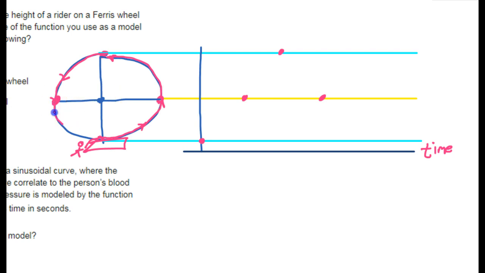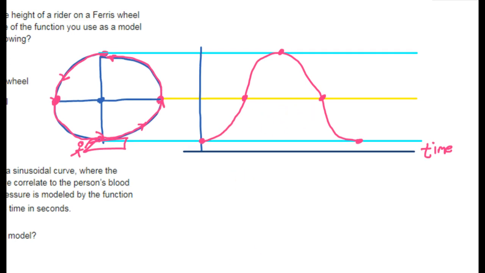And then if I kept going, more time goes by, and eventually I get back to the height I was at the beginning, the height of the platform. So more time goes by, and eventually I end up right here. So it makes this function like this, which looks like a cosine function. It would be a great cosine function.